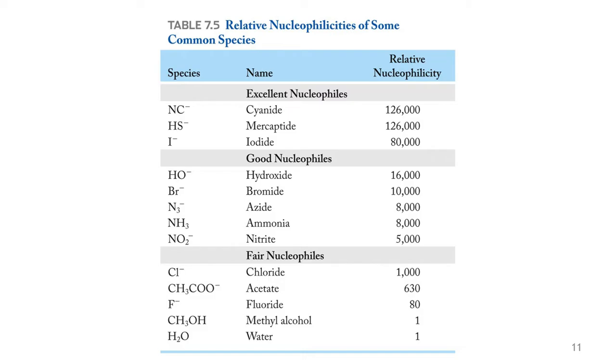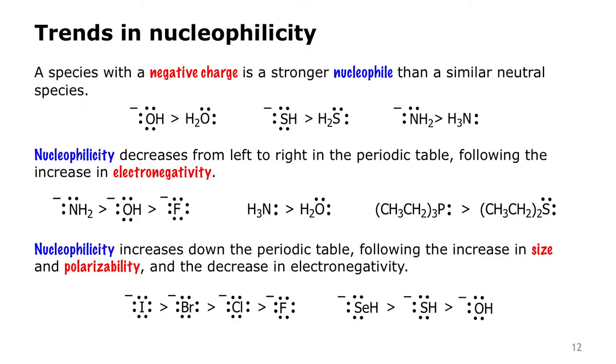It's a better nucleophile. We find that same relationship between sulfide and hydroxide. Sulfur is larger, more polarizable. It can more readily donate its electrons. It's a better nucleophile than the oxygen anion is. So there are some other trends within the list that we see here.